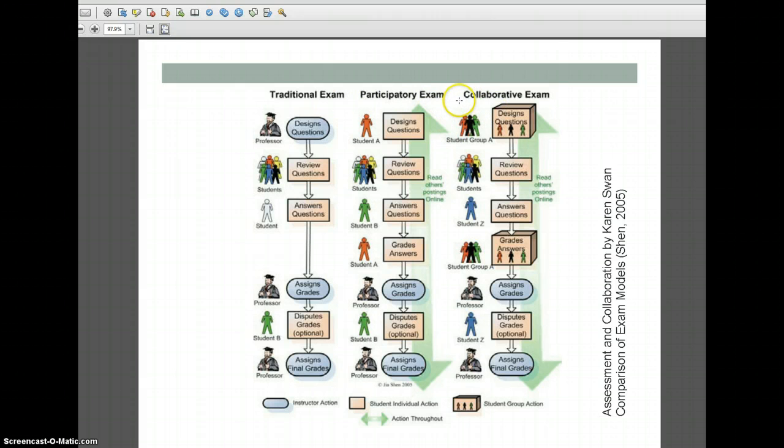So a class breaks out in groups. They design questions for a group. Then it goes back to the whole class, who reviews the questions. Then an individual student answers the questions. The original breakout group does the answers, and then the professor assigns the grades.